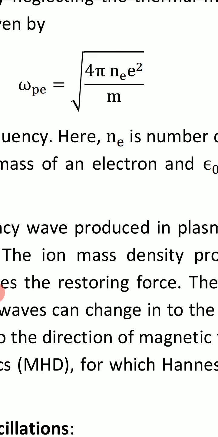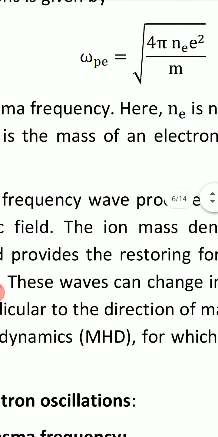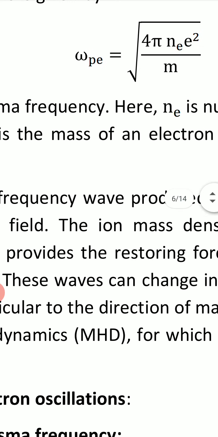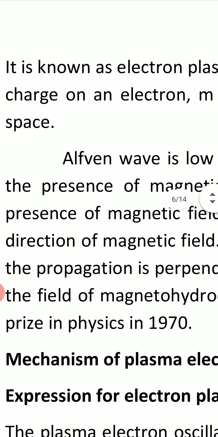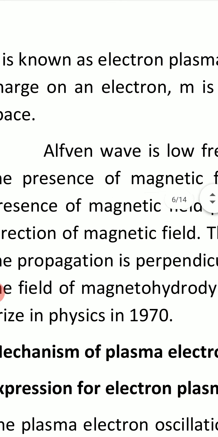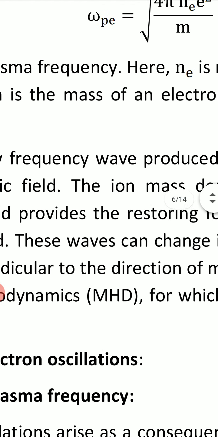N_e is electron density, number of electrons per unit volume, e is charge on electron, and m is mass of electron. So, this is the frequency of the waves produced due to change in electron density, due to oscillation in electron density. It is known as electron plasma frequency.